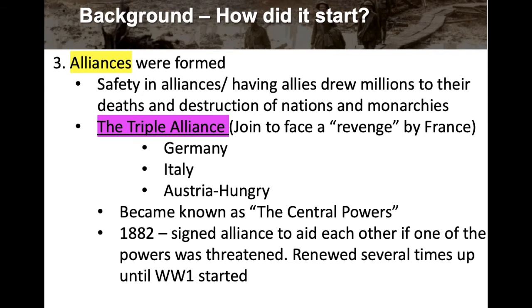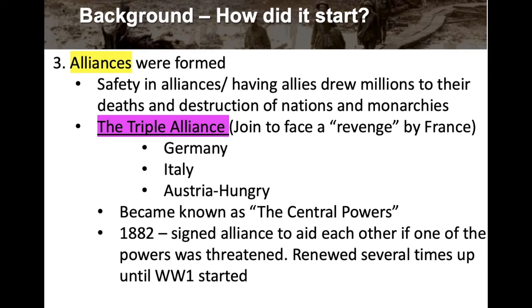Okay, I hope I worded that okay. The Triple Alliance came together in case France wanted revenge based on how they were treated. And these are the three countries that joined together: Germany, Italy, and Austria-Hungary.